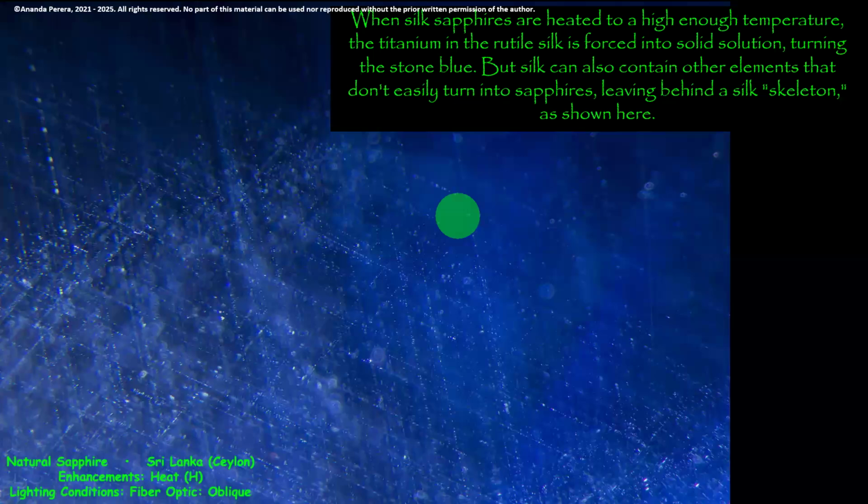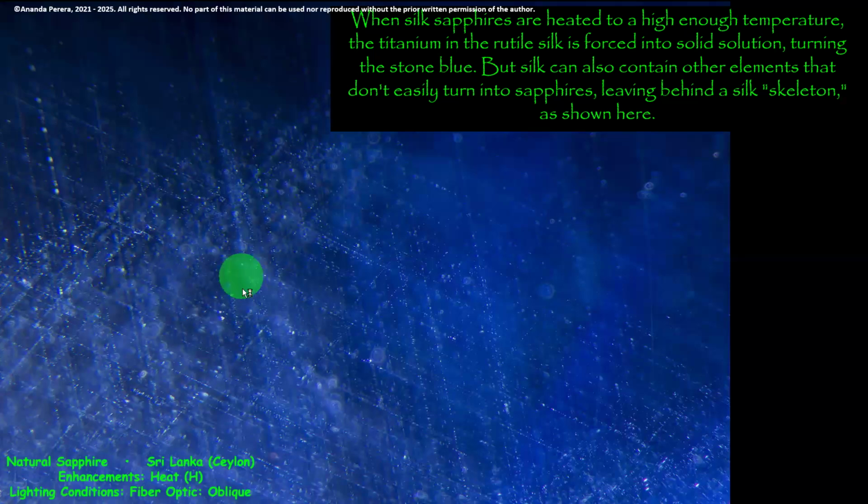Moving to here. What are the lighting conditions given here? Only one. It is fiber optic oblique. Look at the silks. You can understand the rutile silk here, but these silks are damaged by some heat. Look at the inclusions well.